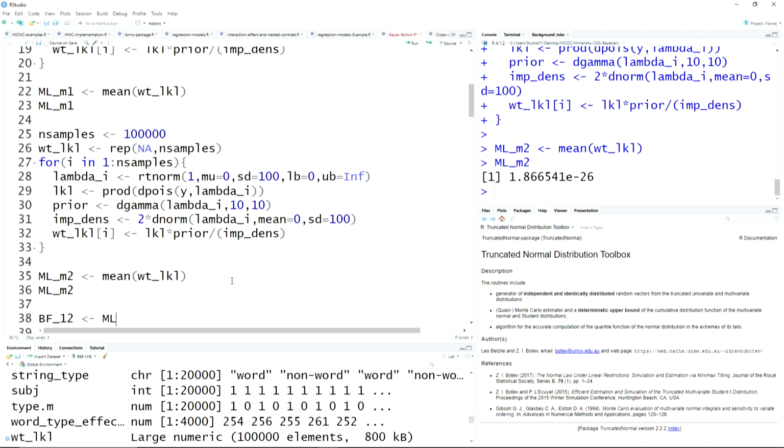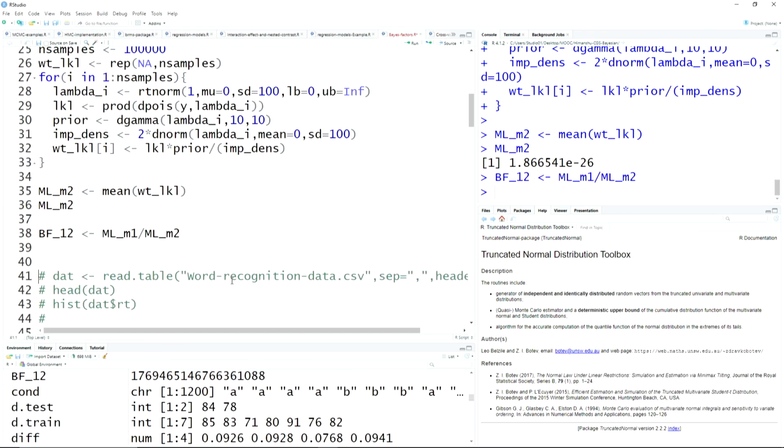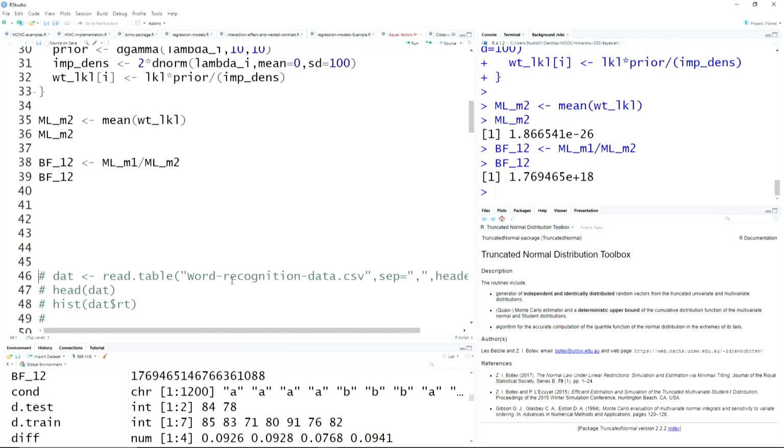That would be marginal likelihood of M1 divided by marginal likelihood of M2. This is my Bayes factor. This Bayes factor will tell me the amount of evidence for model 1 compared to model 2, and this evidence is actually quite high, 10 to the power 18. So, basically it is a very large value.